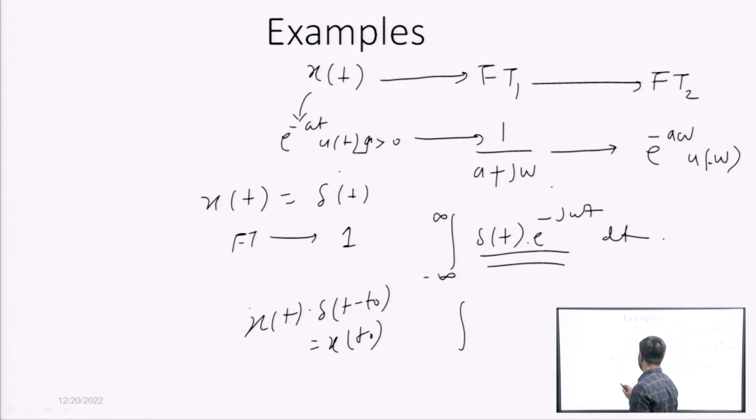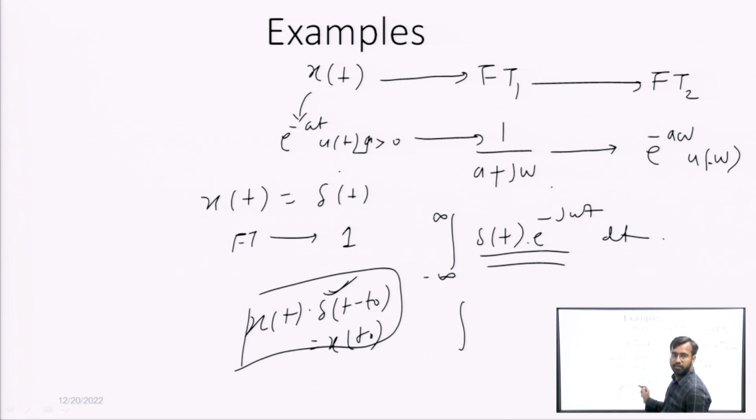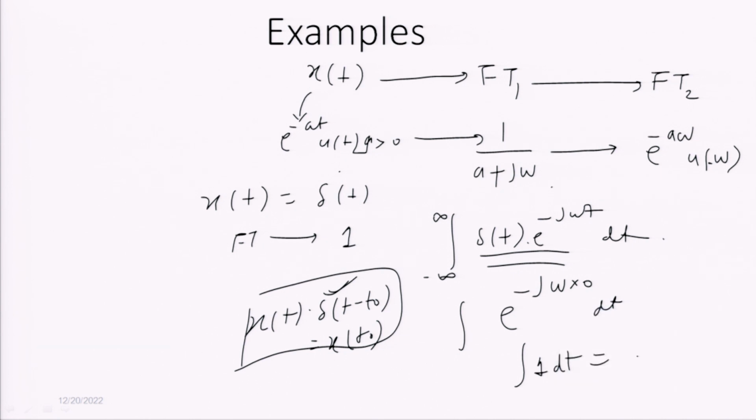This is the property of the impulse function, that x t multiplied by del t minus tau is basically x tau. Here there is no delay, means here it is del t minus t naught and t naught is 0. So, you will get e to power minus j omega into 0 dt.